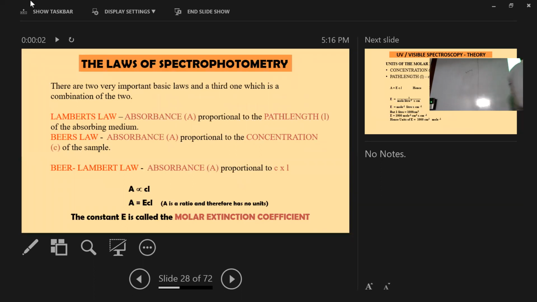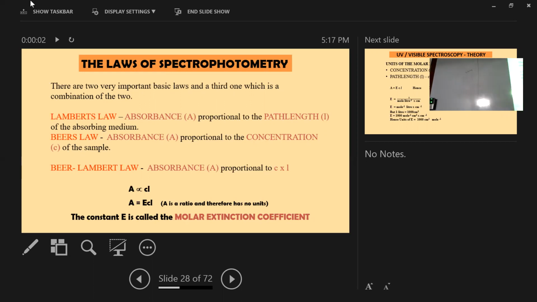Beer's law and Lambert's law, I have already discussed: if you have the cell length constant, in that case the absorbance of the sample is directly proportional to the concentration. So if the concentration of the sample is very high, the absorbance will be high.